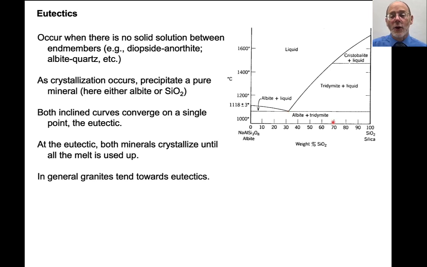If I take a quartzo-feldspathic rock, it doesn't matter how much potassium feldspar versus plagioclase feldspar versus quartz is in it. Regardless of the proportions, if I start to melt it, I tend to produce a composition that's right at the eutectic. This is why basalts have such similar compositions all around the world, regardless of what's melting, and this is why granites tend to have similar compositions. It's because they are limited by a phase diagram that's defined by a eutectic.